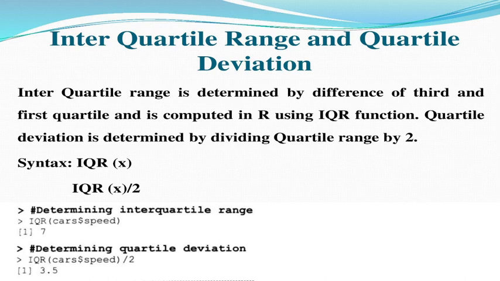Quartile deviation is also known as semi-interquartile range. The syntax for calculating interquartile range is IQR of x and quartile deviation is IQR of x divided by 2. Examples for interquartile range and quartile deviation are shown in this slide.